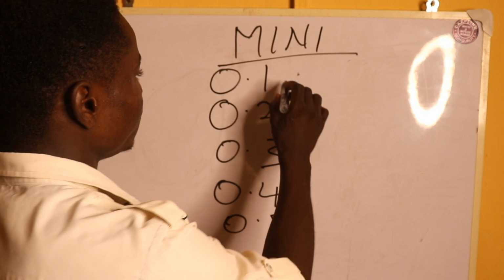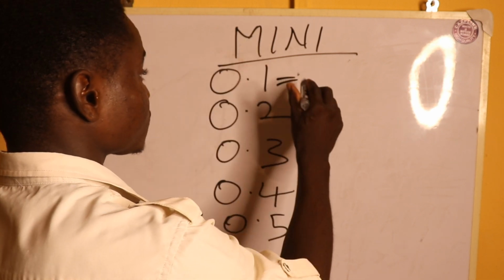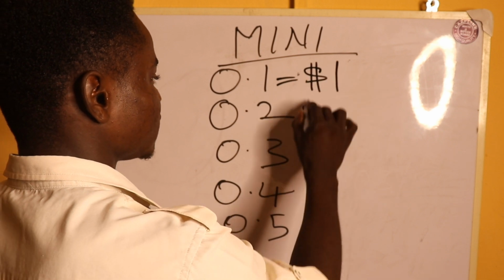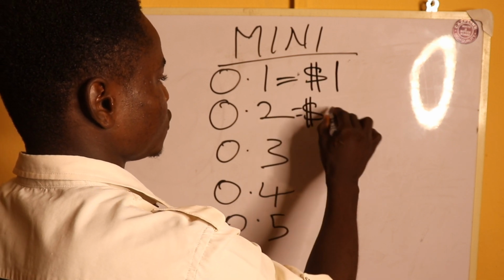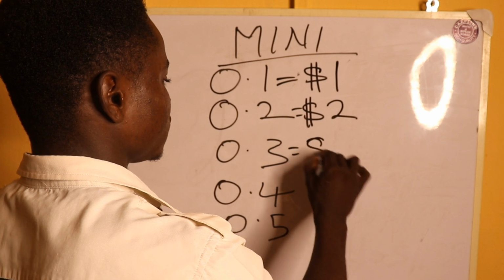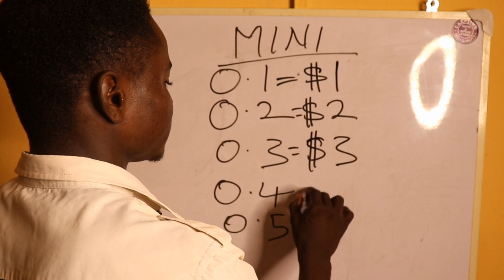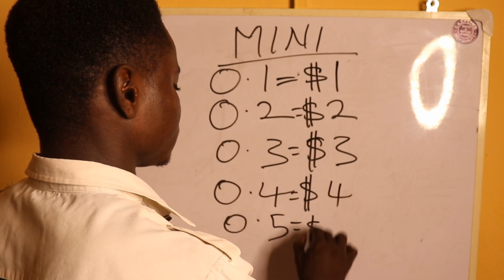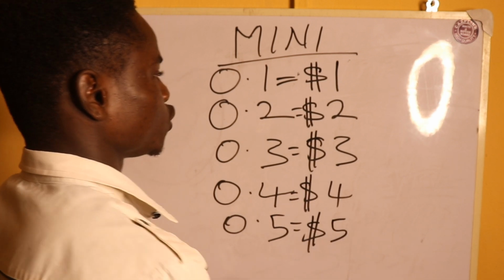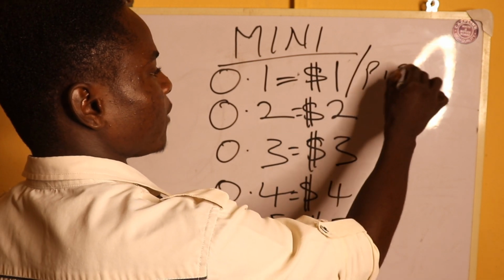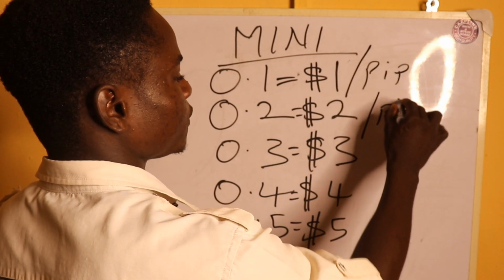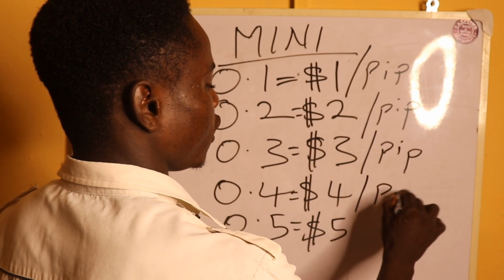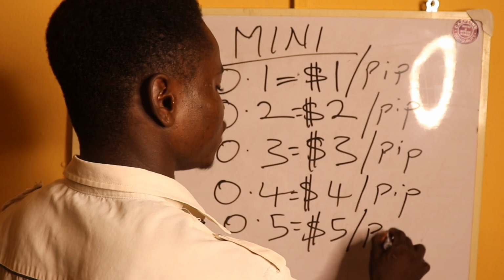So right here, you'll be making $1 per pip, $2, $3, $4, and $5. All of this is per pip.